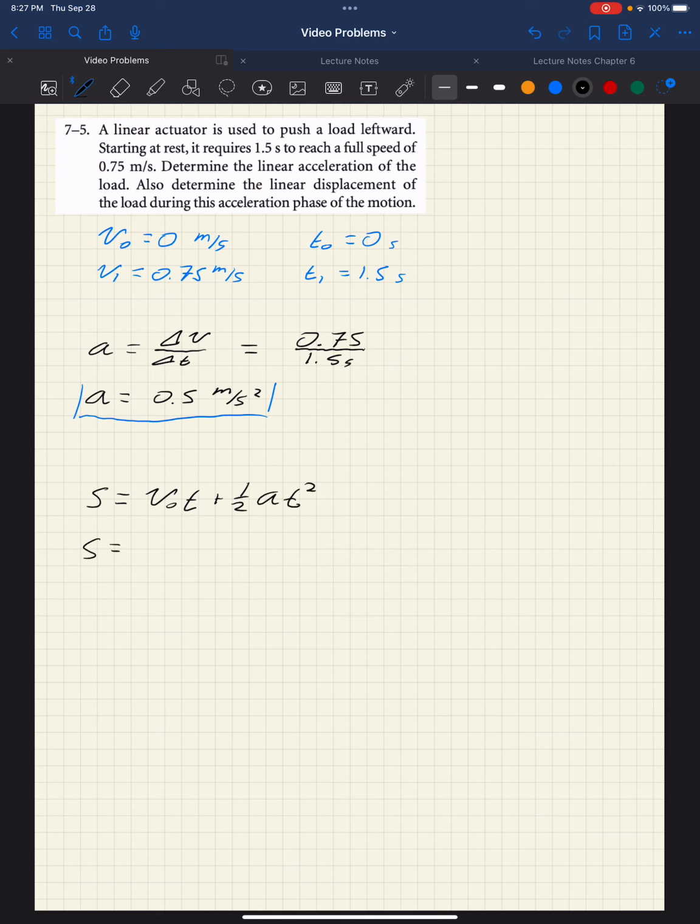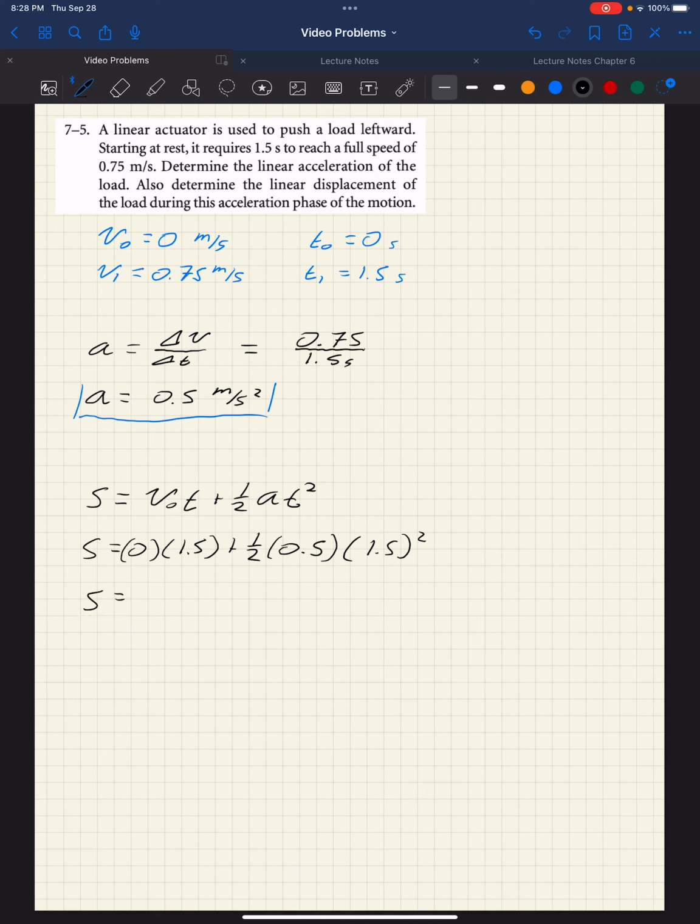So displacement is equal to 0 times 1.5 plus 1/2 times our acceleration of 0.5 meters per second squared multiplied by our time squared, which is 1.5 seconds squared.